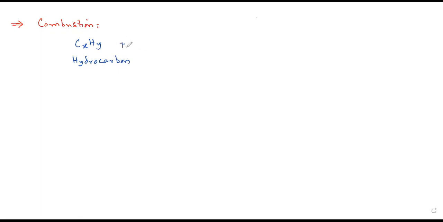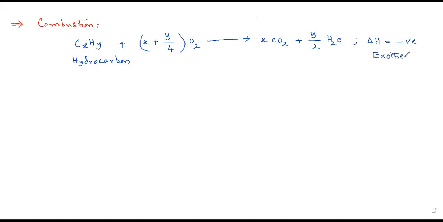General combustion equation of a hydrocarbon can be written as CxHy plus (x plus y by 4) O2 gives rise to x CO2 plus y by 2 H2O. All combustion reactions are exothermic. Large amount of heat is liberated.